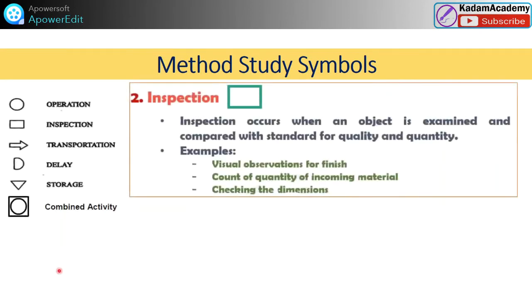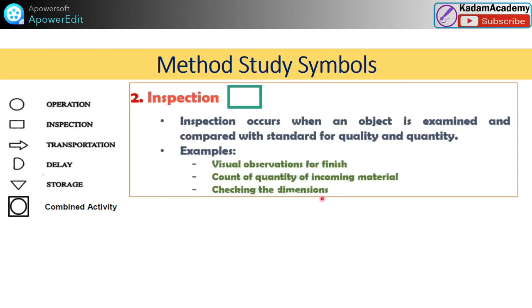Similarly, next is the inspection. Inspection is represented by this rectangle, and inspection occurs when an object is examined and compared with standards for quality and quantity. For example, visual observation of finish, a count of the quantity of incoming material, checking the dimensions.